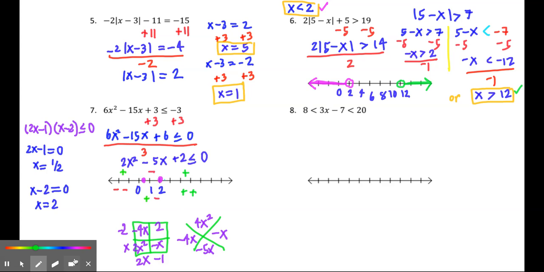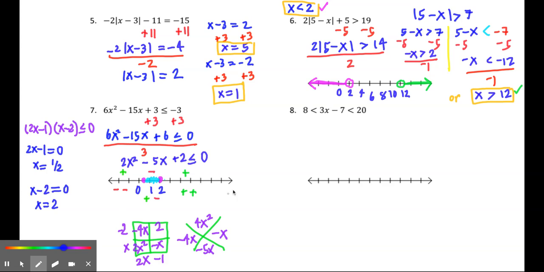And we want the areas where it's less than or equal to 0. So when it's negative. So the only section that we end up shading is this section.